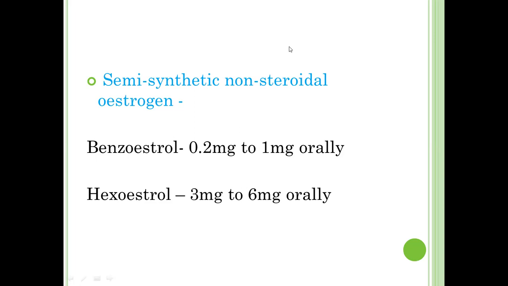The female reproductive system has two secretions, progesterone and estrogen. So here we complete the estrogen hormone. Any doubt? No, ma'am.